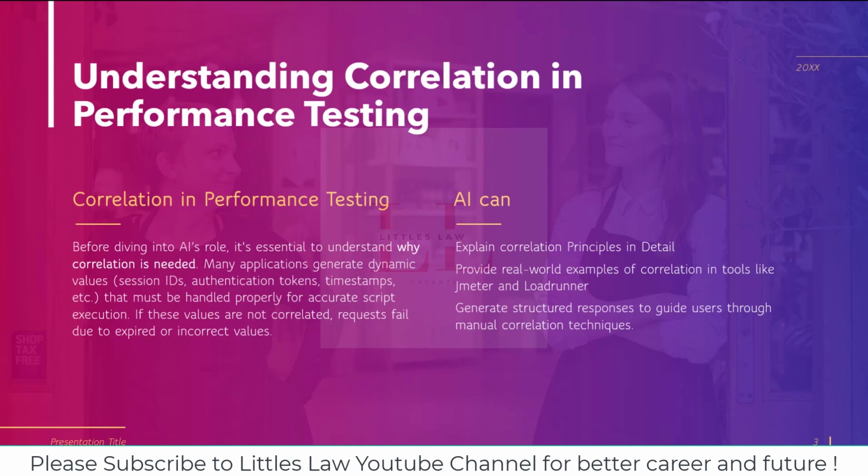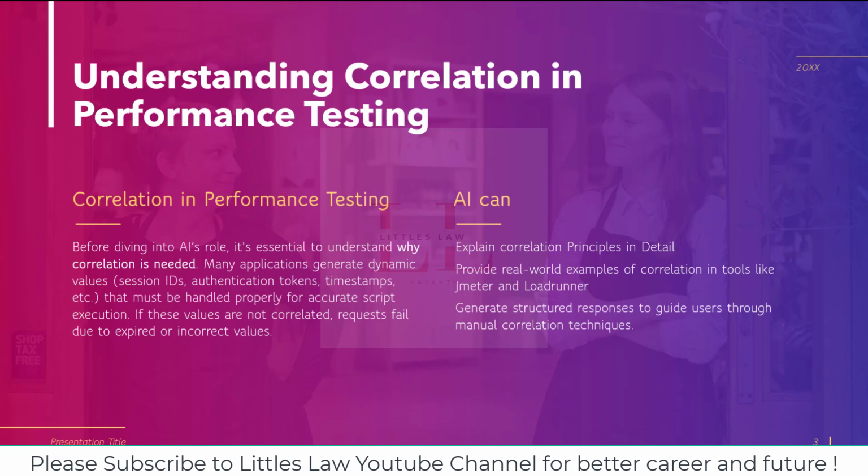If these values, the session IDs, the authentication tokens, the timestamps, are not correlated, the requests will fail due to expired or incorrect values. If the value is not properly replaced within a particular point of time, they automatically fail, and we get errors during our validation or during our load test.